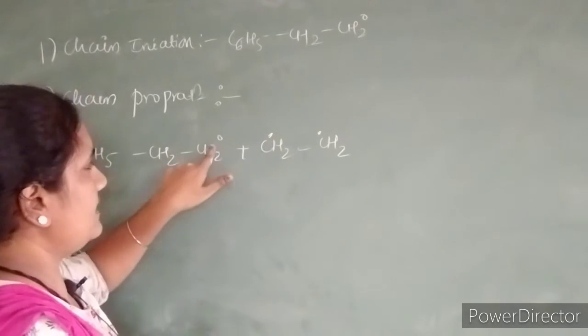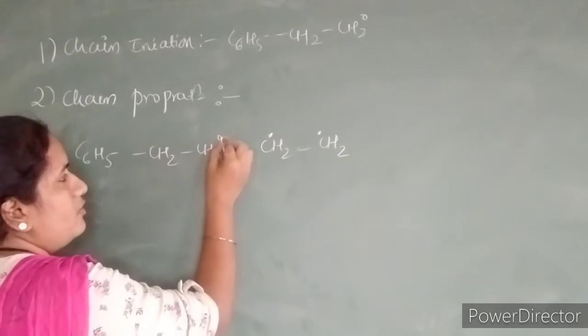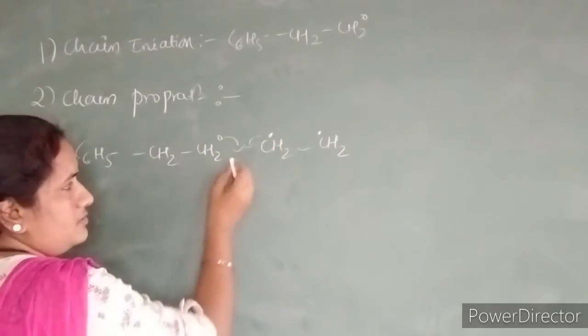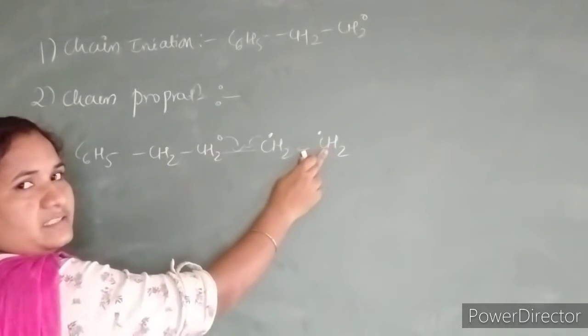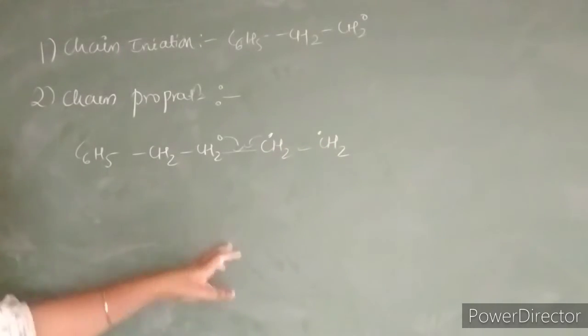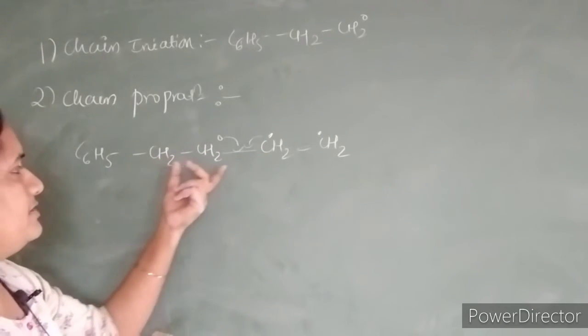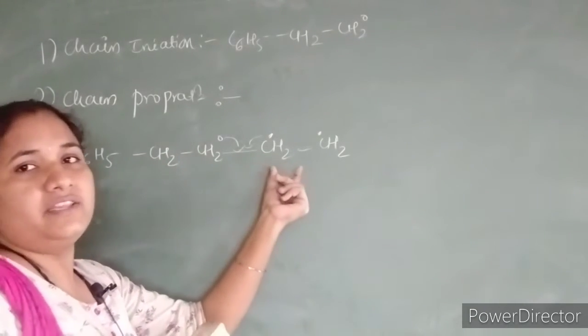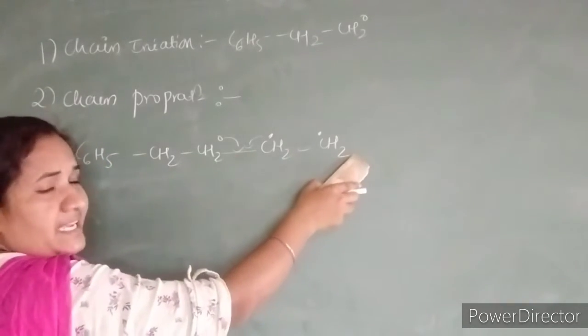This radical reacts with this radical moiety, meaning both are involved in the formation of a bond. So I will write the bond here, and this remains the same. A new bond is formed between this CH2 and the new ethene molecule. As a result, the length of the chain increases.